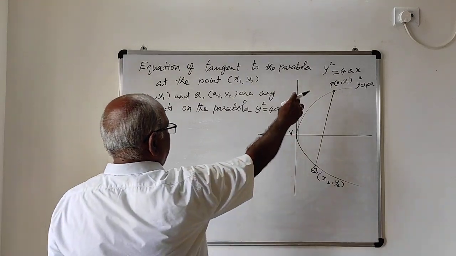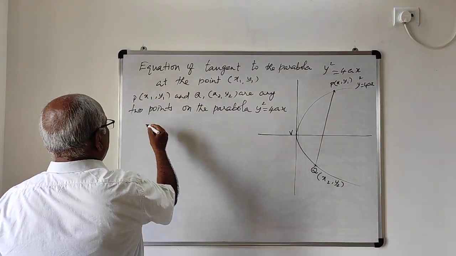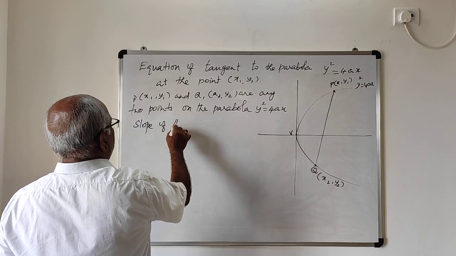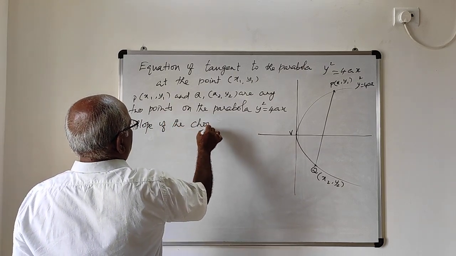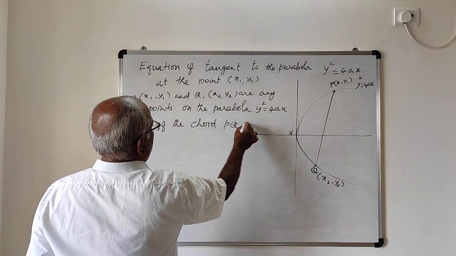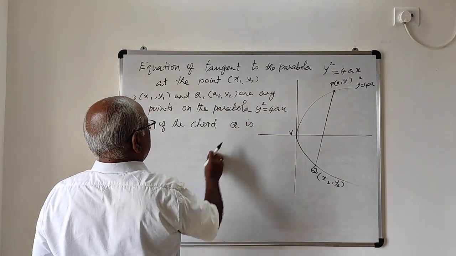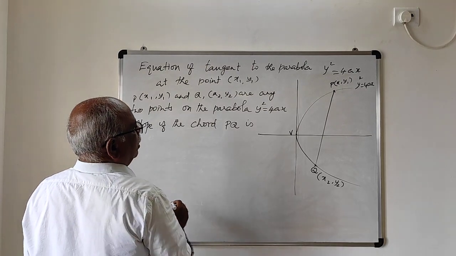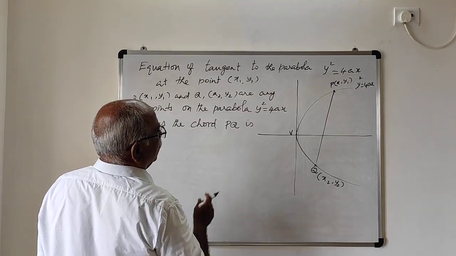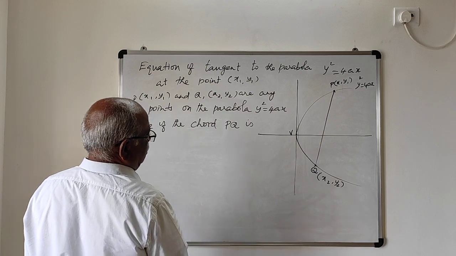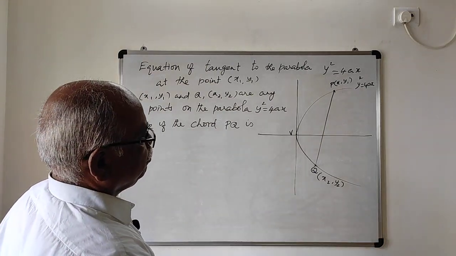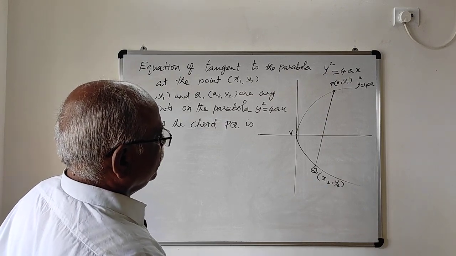Now the slope of the chord PQ is y2 minus y1 by x2 minus x1.